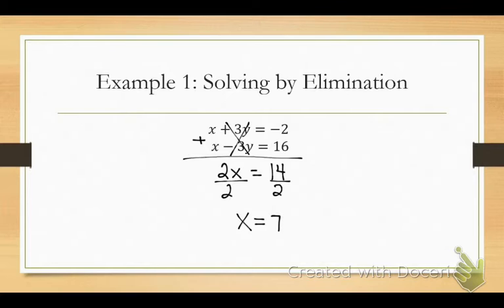Now that I have my x value, the second step is similar to what we did for substitution. You're going to take the value for x, and you can plug it back into the first equation or the second equation.